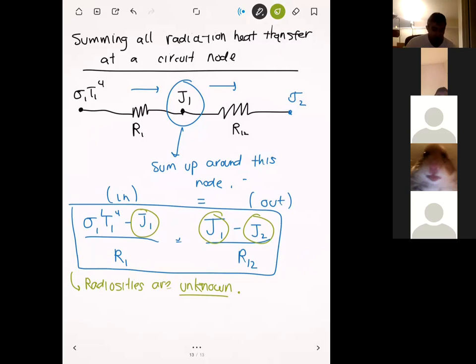The issue is that it's difficult to solve for the radiosities outright. For a relatively complex system, you might have 2 or 3 or 4 different unknown radiosities, depending on how many surfaces there are. To solve for them, we have to solve for all of them simultaneously using a system of linear equations.